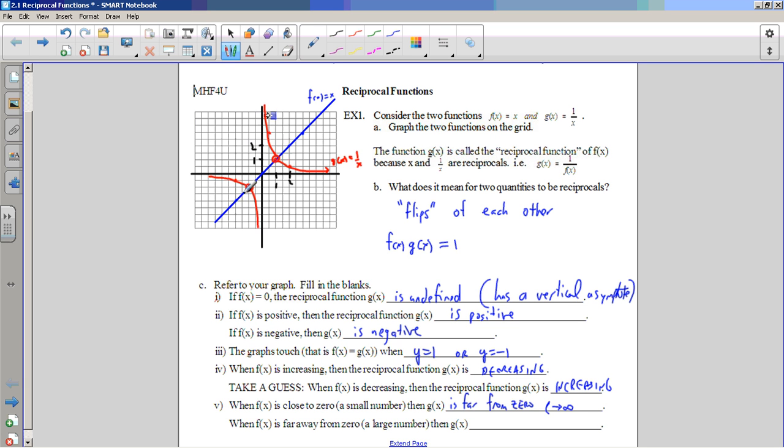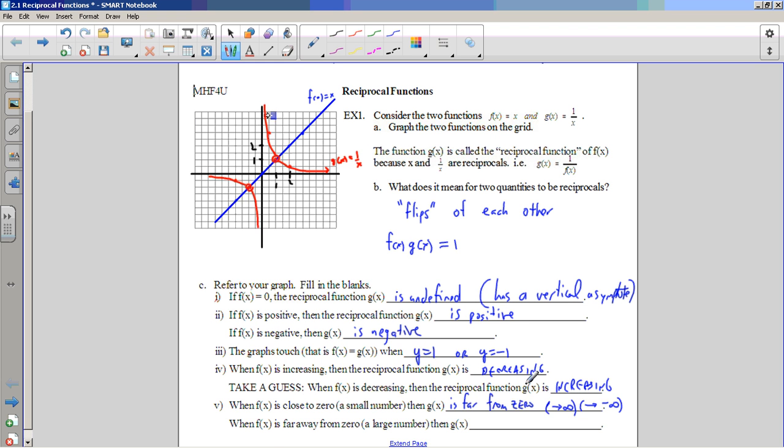But notice if I think of it on this side, if the graph is getting close to 0 and I'm flipping that, it could be, if it's negative, because reciprocal graphs are both the same sign, then it'd be negative infinity. So I'm going to say it's approaching positive infinity, or depending on whether the graph is approaching 0 from a negative value, it could be negative infinity, right? So when f of x is close to 0, then g of x is far from 0.